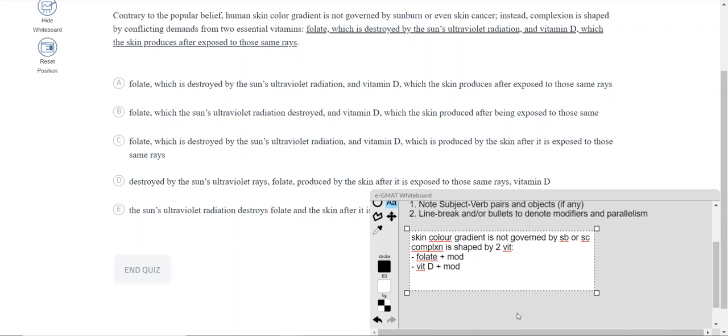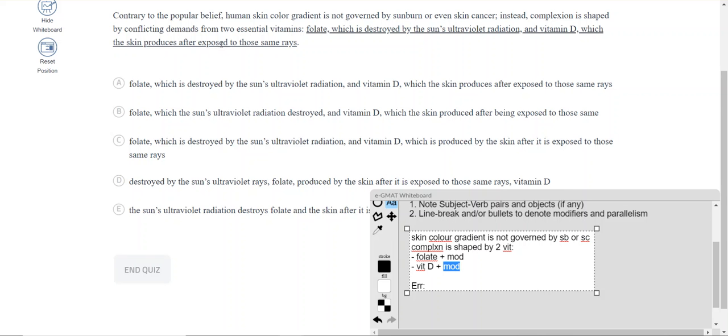Quite a complex sentence, but when you really boil it down, this is what the sentence is saying to you. Now, we did notice while creating the sentence structure that this second modifier is where the error lies. So which the skin produces after exposed to the same rays.